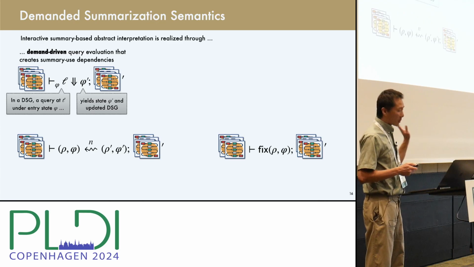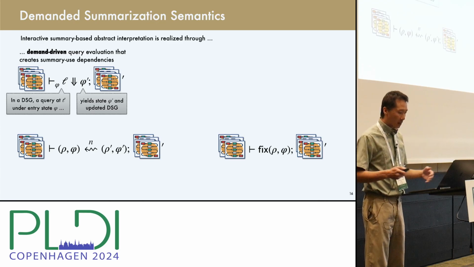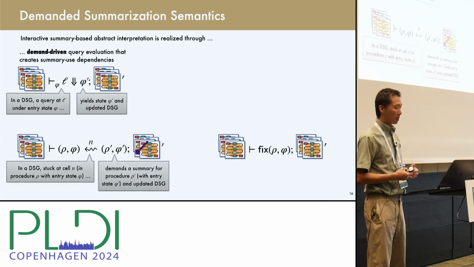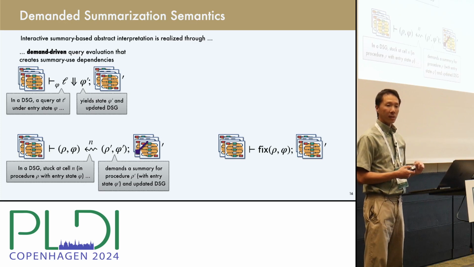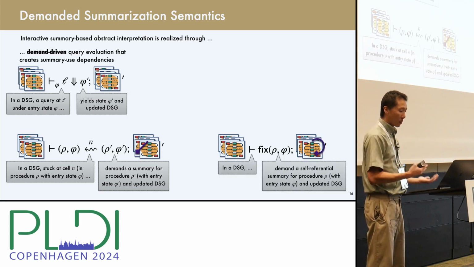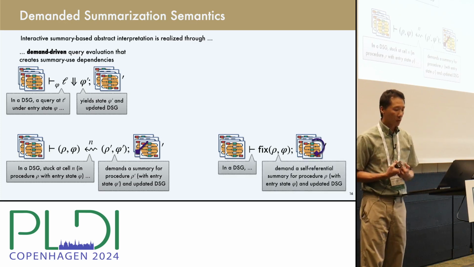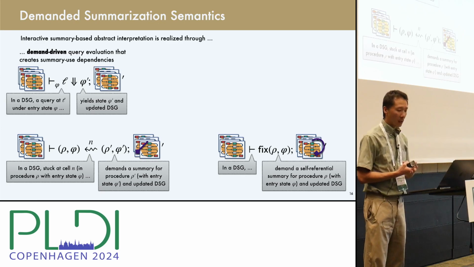And we talked about how that depends on two bits that might generate summary edges. If we're stuck at n, then we need to get a procedure summary that adds a summary dependency edge. Or if we're in some recursive situation and we demand a self-referential summary, then we have some recursive summary dependency.